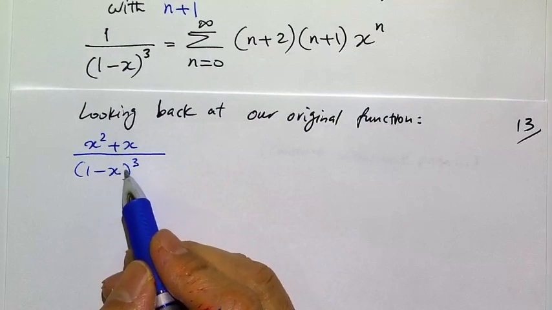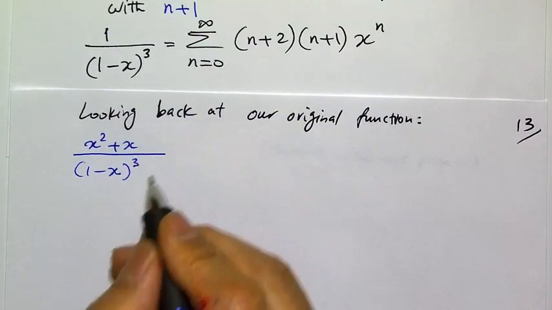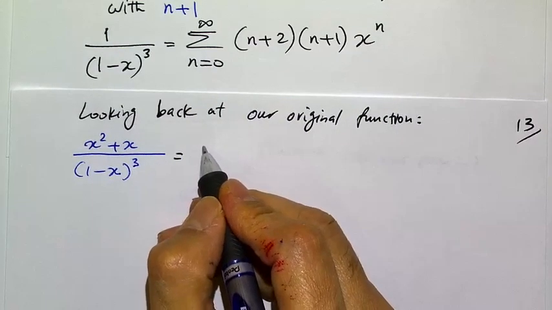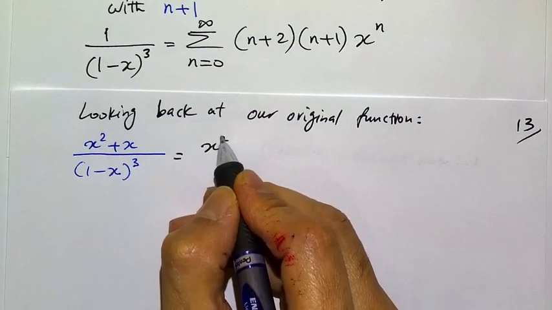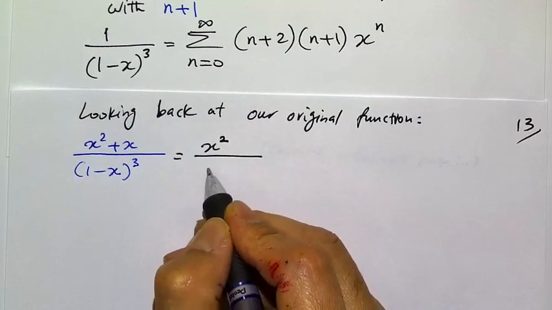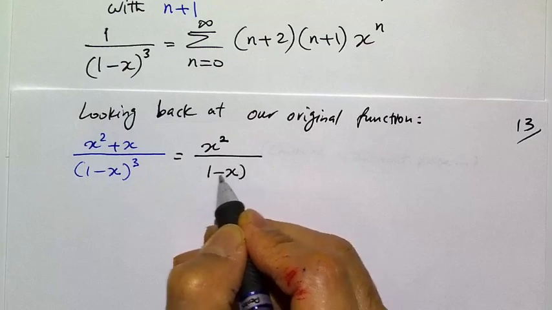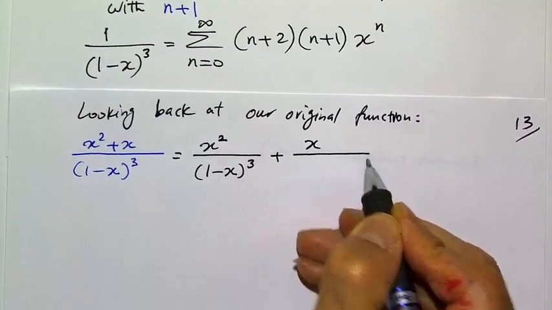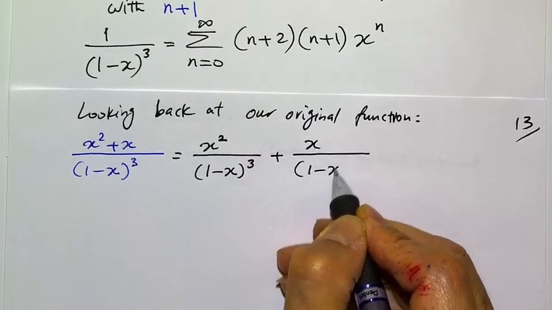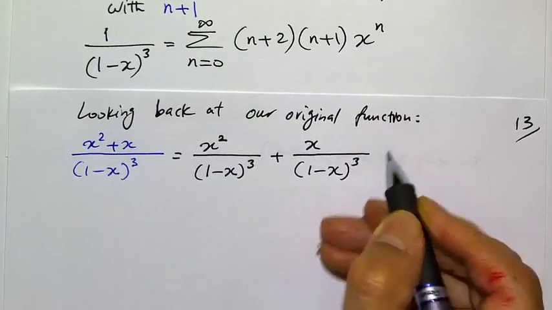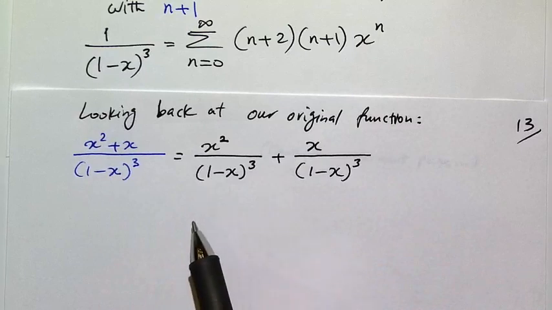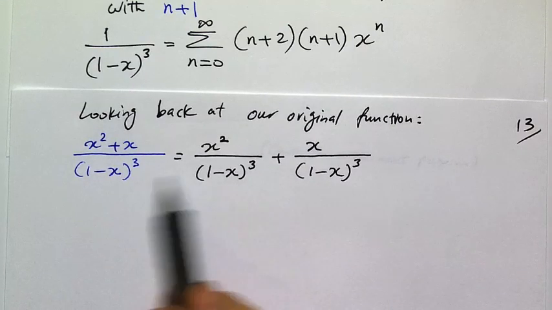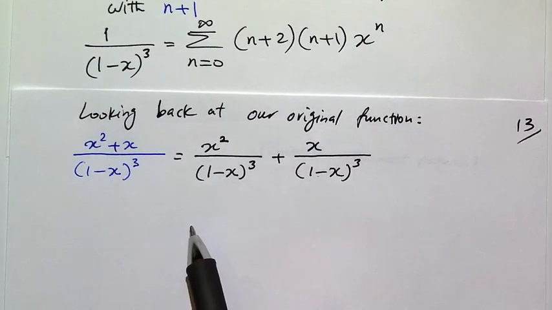We can easily break this up into x squared over 1 minus x cubed plus x over 1 minus x cubed, right? We can just do that easily over a common denominator.